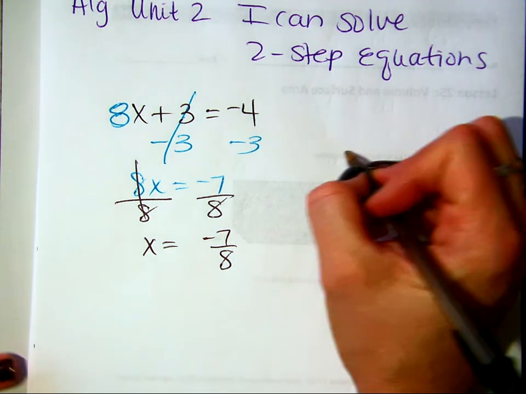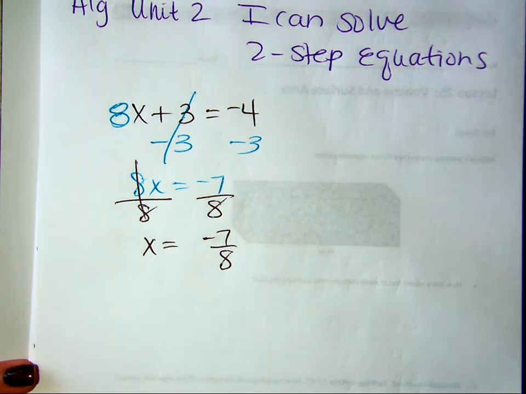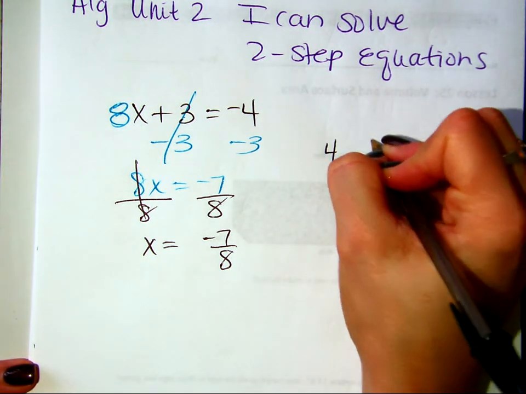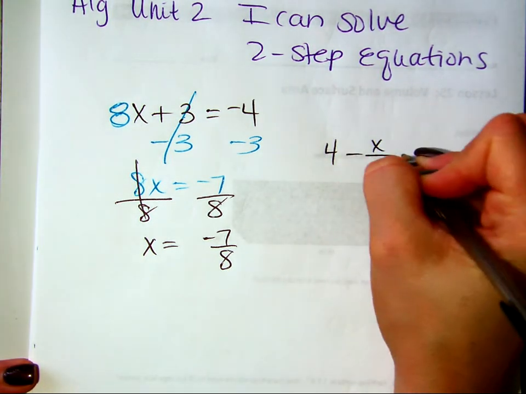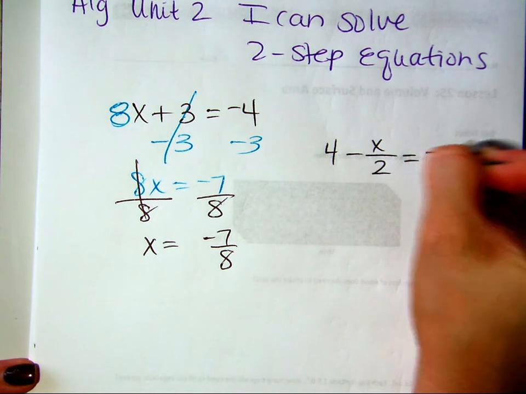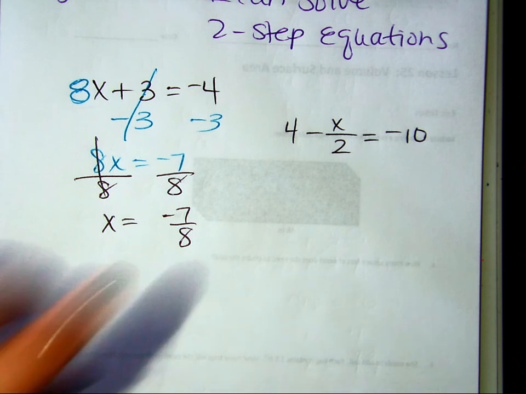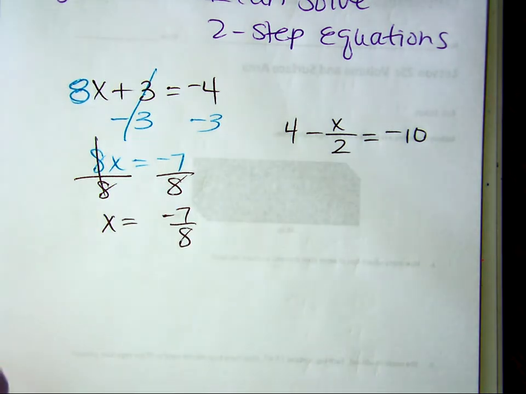This one's kind of tricky. If I were to take 4 minus x over 2 equals negative 10. Okay. This one's a little tricky in the fact that you cancel out the constant, okay?